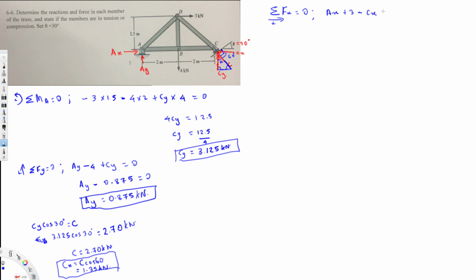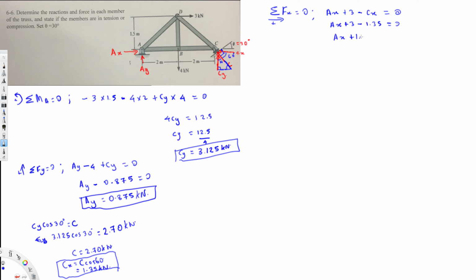So if I solve for this one, Ax is going to be equal to 3 minus 1.35 equal to 0. 3 minus 1.35 equals 1.65.